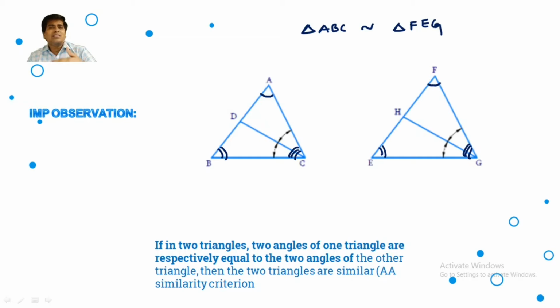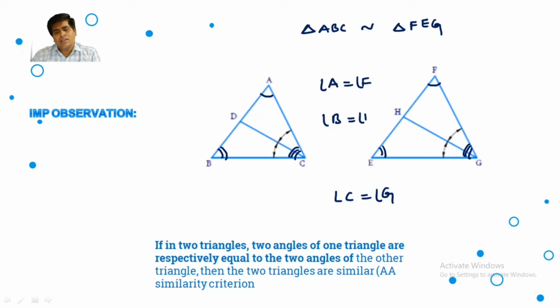When two triangles are similar, their corresponding angles are equal. So I have taken A and F, B and E, C and G. These three pairs are corresponding angles, and those are equal. This is the first observation. So angle C is equal to angle G, angle A is equal to angle F, and angle B is equal to angle E.